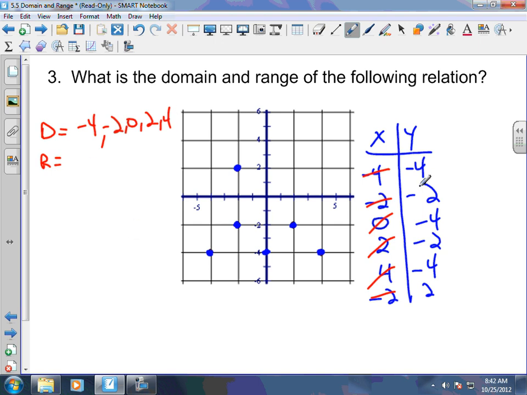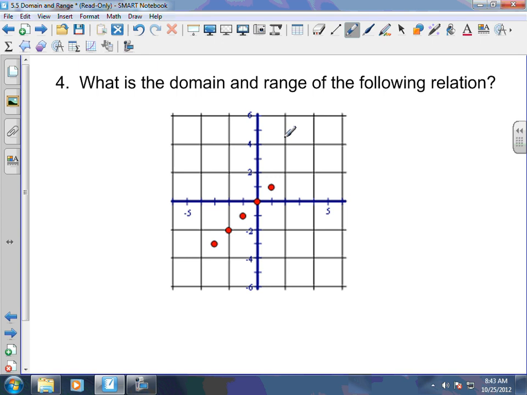Then I do the same for my y's. -4. I have 3 -4s. Then I have -2. Then I have +2. It's okay that I don't have as many y's as I have x's. We'll discuss that in a different unit. All right? That's pretty simple, isn't it?